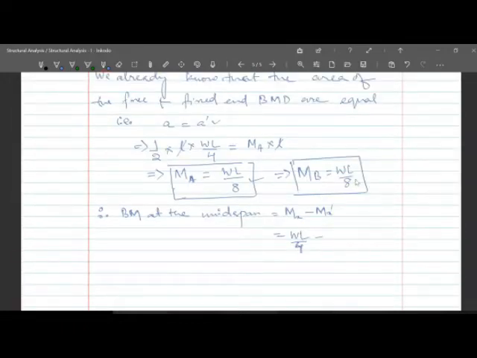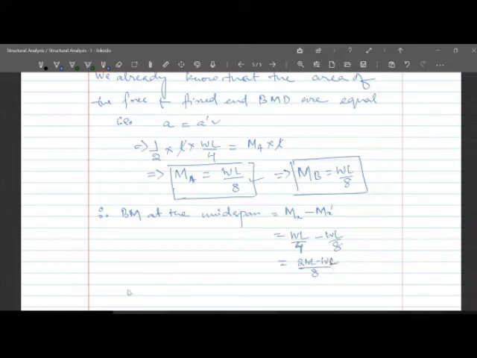Mx bar we have calculated already. It is WL by 8. So 8 is common, so 2WL minus WL.